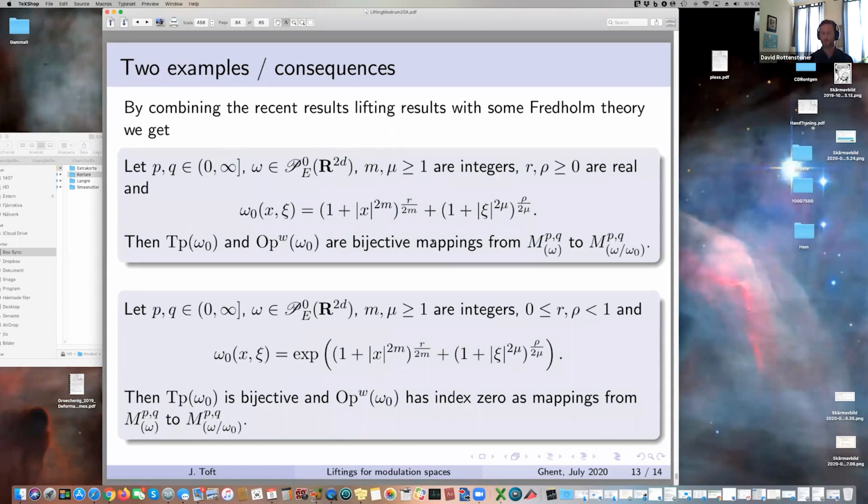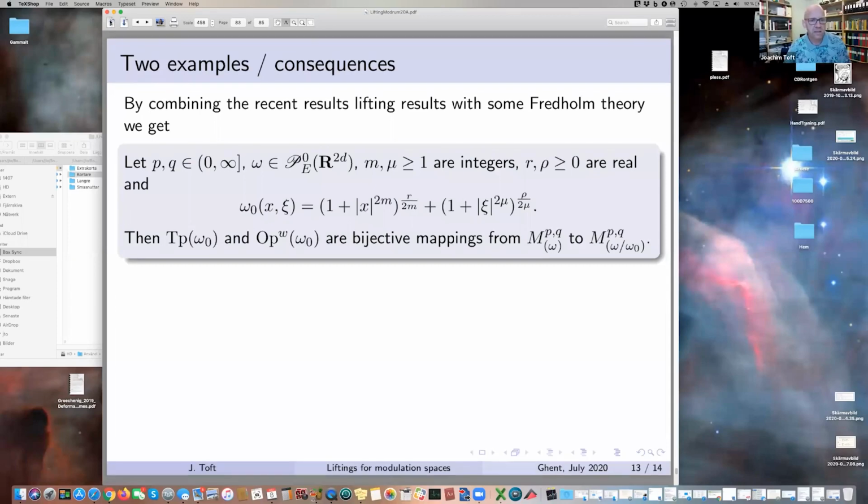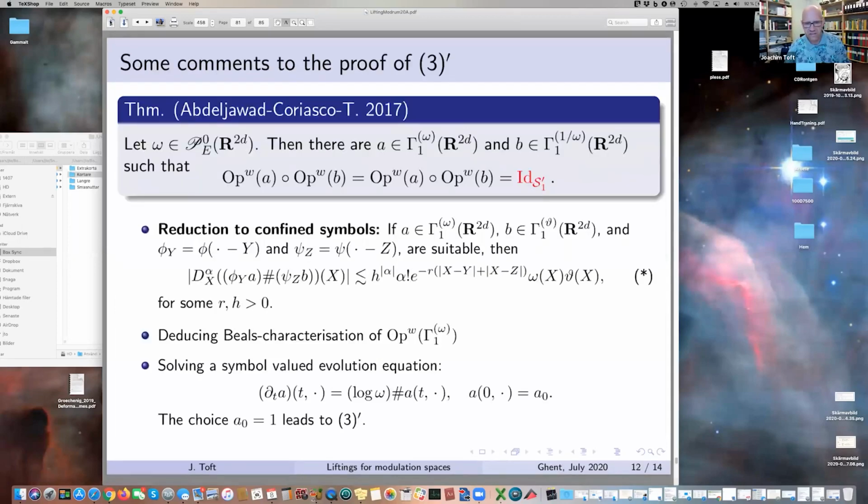Maybe I'm just curious. Yes, I can go back to the slides here. So what we did was that we needed some different kinds of estimates of this form. I would say that this one is the most important one.